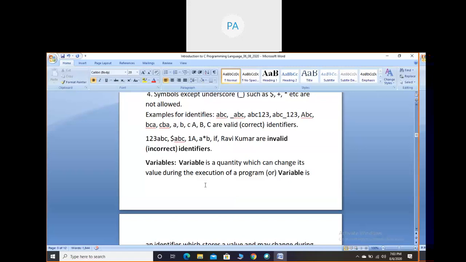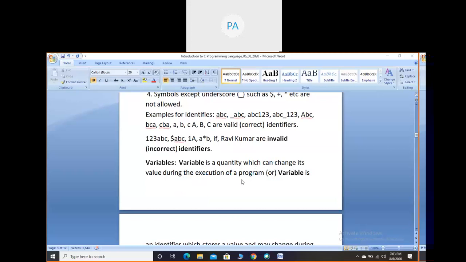According to that, look at the first definition. Here we have three definitions for variable. A variable is a quantity which can change its value. I have written "which can change its value," meaning it is not a rule that it should change, but it has the option to change during the execution of a program.